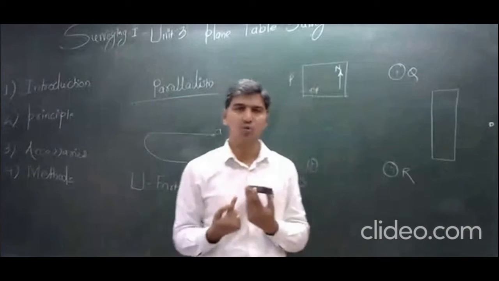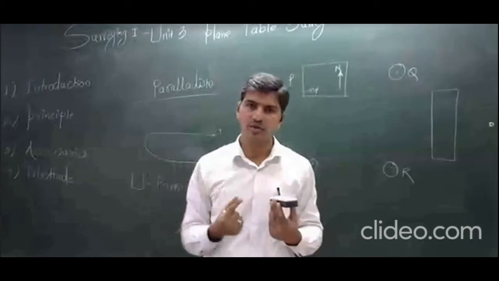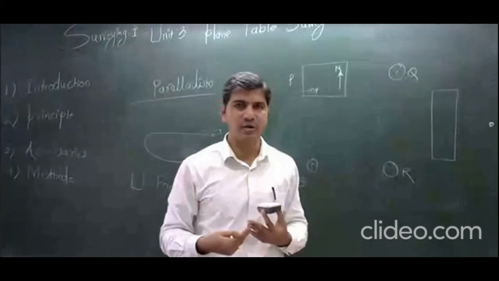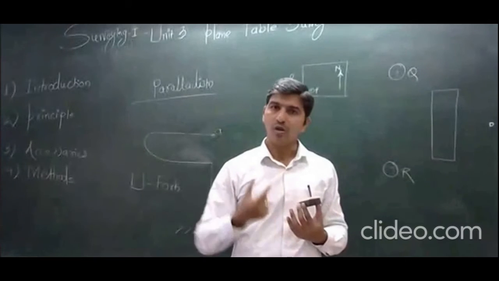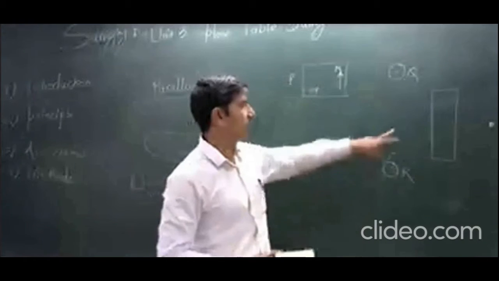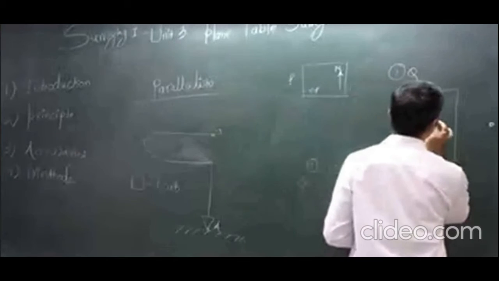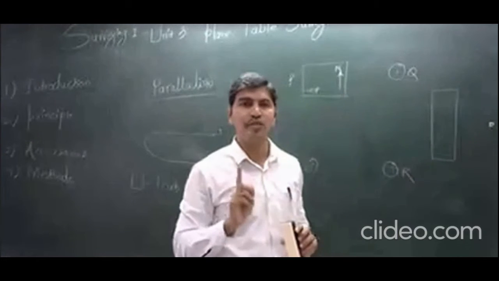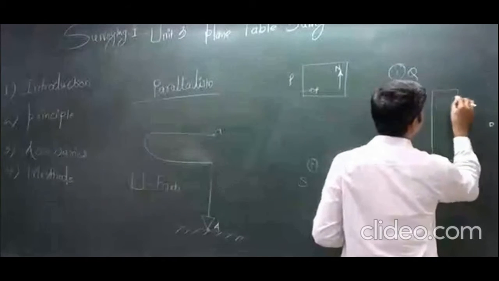Because it starts from 0, 90, 180, 270, again 360, which is again 0. You have done a few practicals on the prismatic compass. On the same line, we have one more compass, which is called a trough compass. But in the trough compass, we have only two directions.